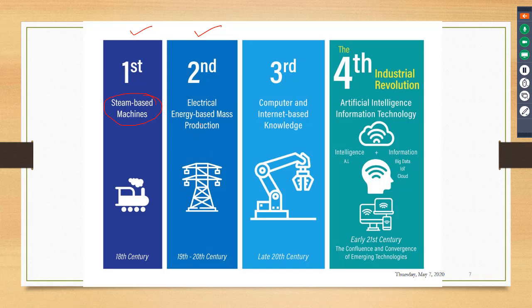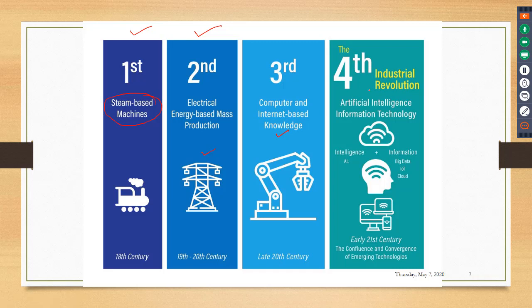It is because of the invention of electricity, electrical energy based mass production happened during this period. Then comes the third industrial revolution, in the late 20th century, which is nothing but computer and internet based knowledge.